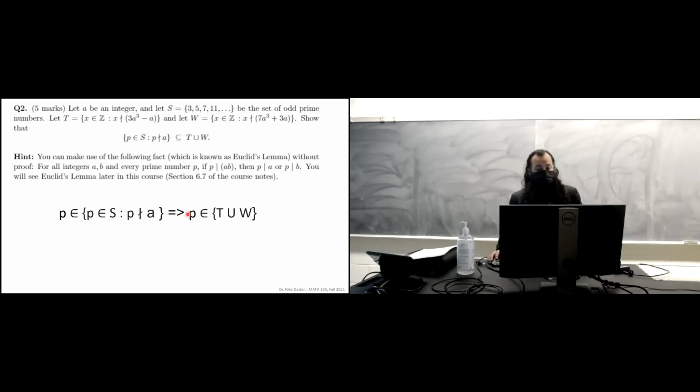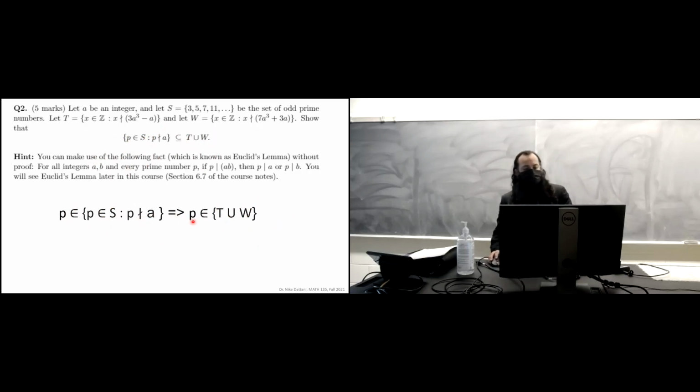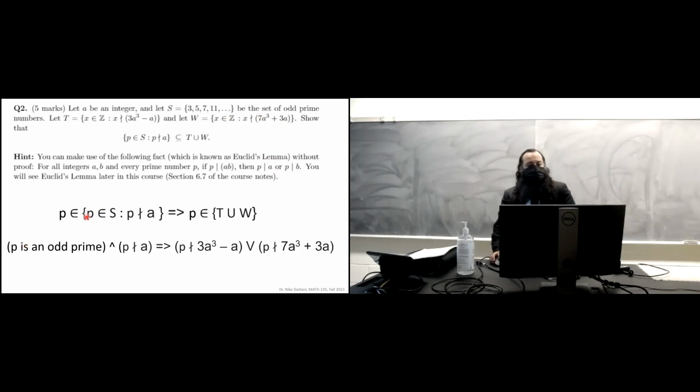You're gonna say P is not in that set, then it already is an implication. A implies B. So you're going to do the contrapositive of this? No, like write it down. Okay, so let's take the T union W. Let's make sense of it. It's a set. It's in this weird notation. Let's turn it into notation we're familiar with from chapters 1 and 2. The first thing we have here, P is in the set S. S is the set of odd primes.